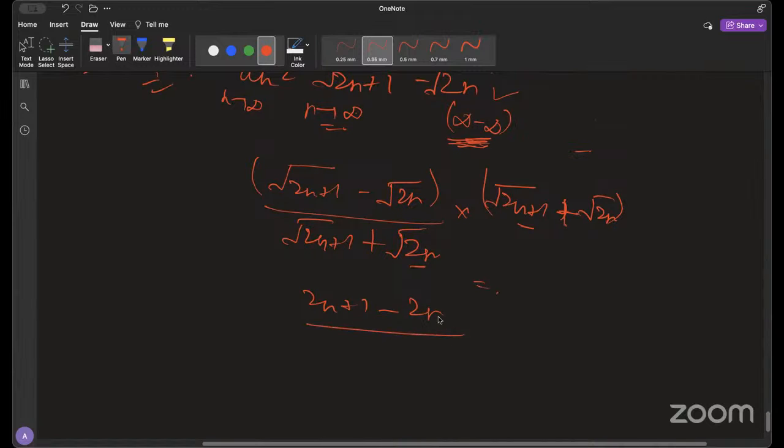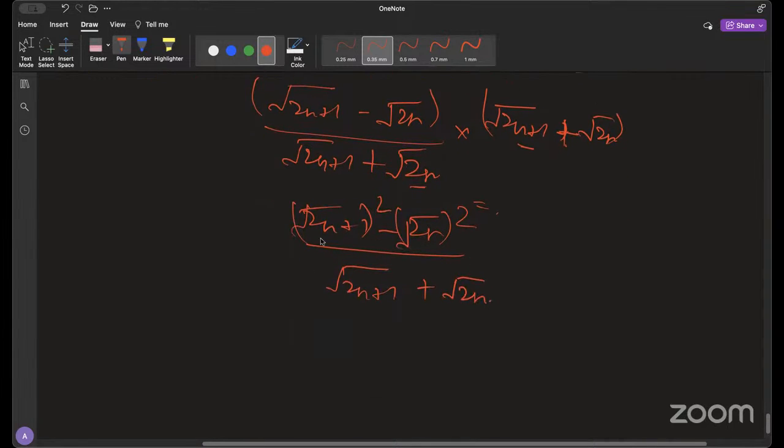So we'll have 2n plus 1, the square of this thing and the square of this thing, and this is root of 2n plus 1 plus root 2n. So the numerator is going to give you 1, and this is n tending to infinity.